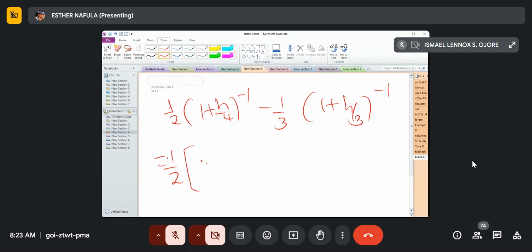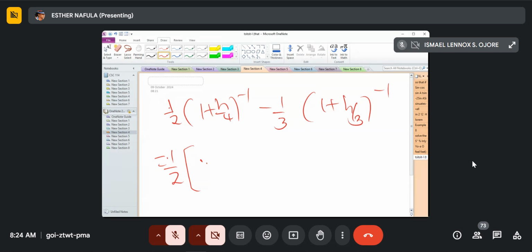What do we have here? Calvin? The Maclaurin expansion for 1 over 1 plus h over 4. What is the formula again?